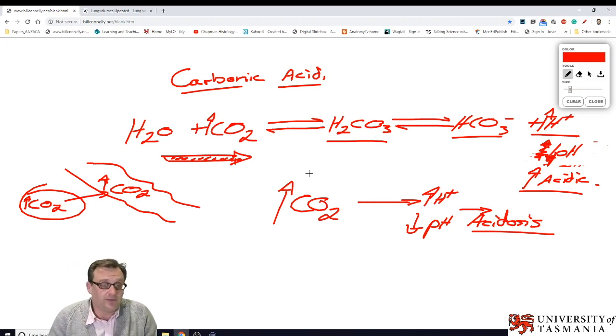If you've got a patient that's not breathing, they're not blowing off carbon dioxide, but their cells are still using oxygen. They're still alive, still using oxygen and producing carbon dioxide.